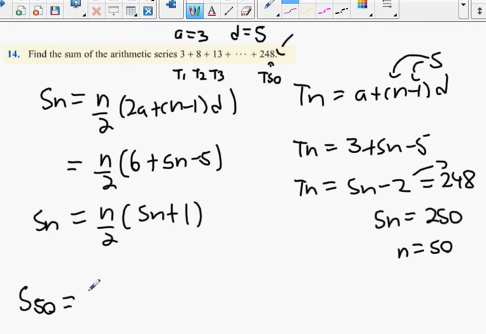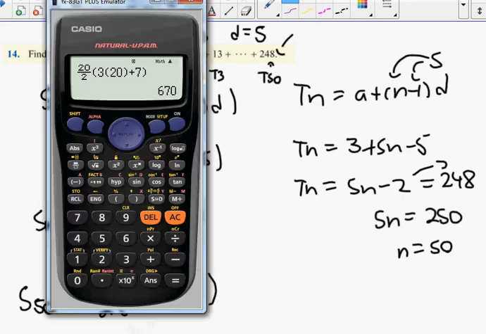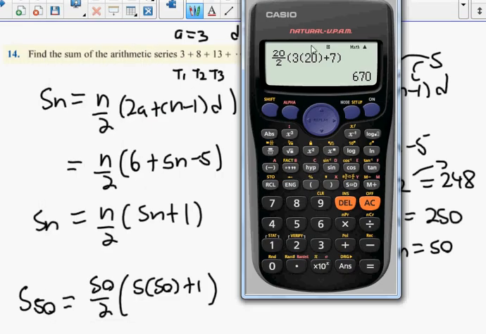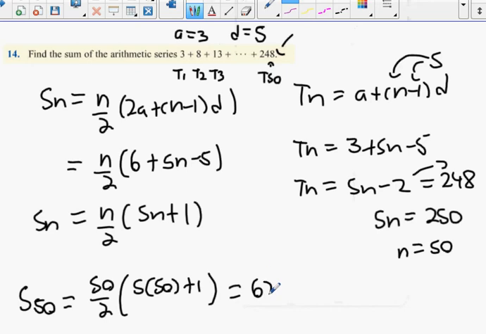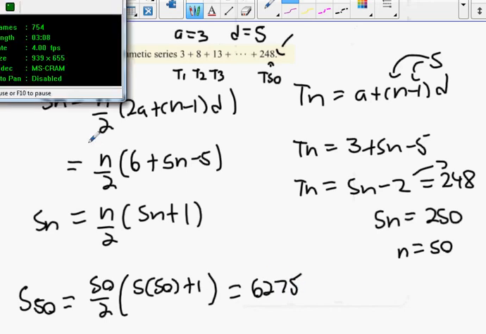So we're going to get 50 over 2 bracket 5 times 50 plus 1. You put it all into the calculator as 50 over 2, and then bracket 5 times 50 plus 1, and you'll find out what the first 50 terms add up to: 6,275. Any questions about this one here?